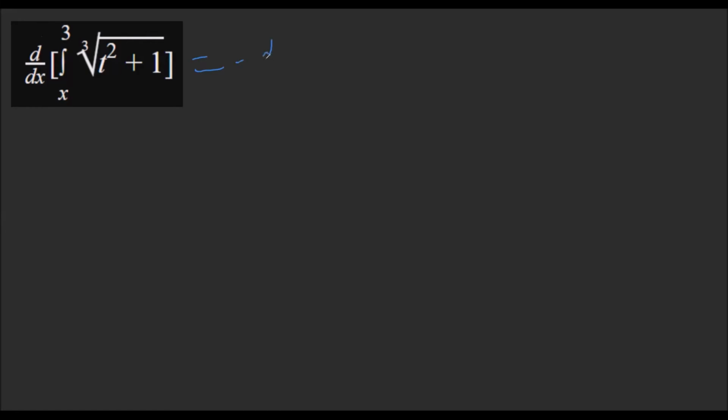This is actually equal to the negative derivative of the integral from 3 to x of the cubic root of t squared plus 1 dt. I forgot that, and I may have forgotten that in previous examples as well. The reason why this is the negative version is because we're reversing the bounds. And if you reverse the bounds of an integral, you are negating it. But yes, that's what we have so far.